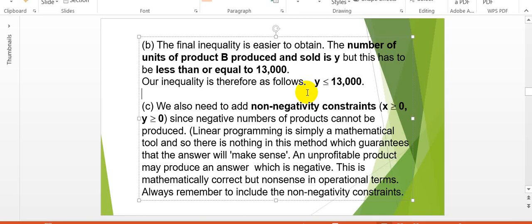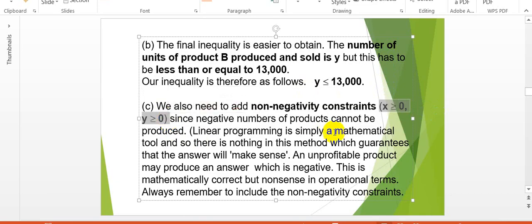So since negative numbers of products cannot be produced, linear programming in this case will require that you show that your variables should be greater or equal to 0. In our case, our x and our y should be greater or equal to 0.